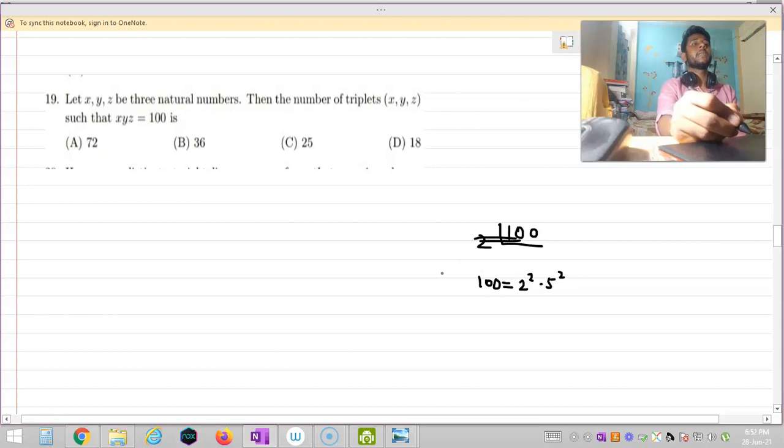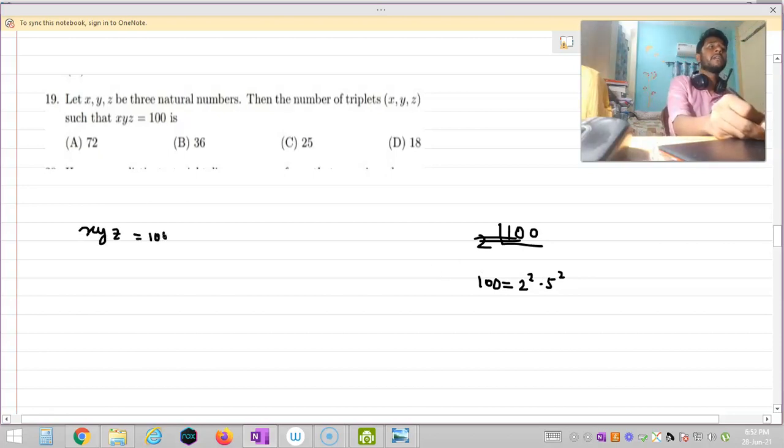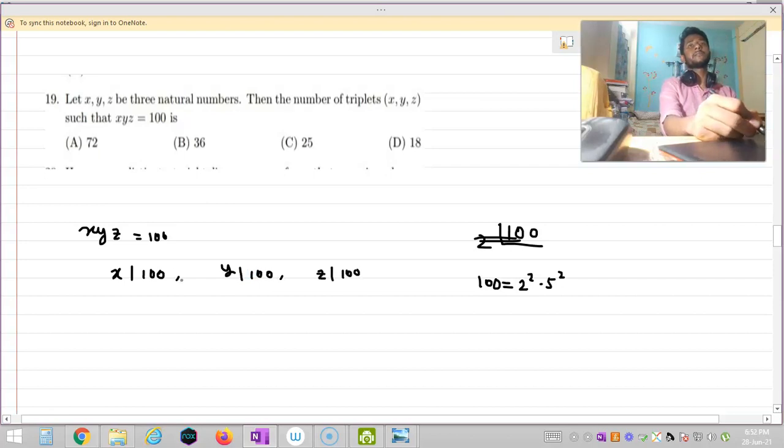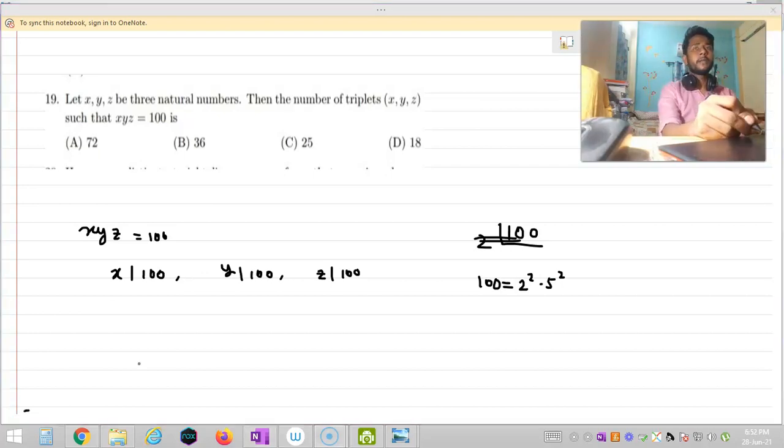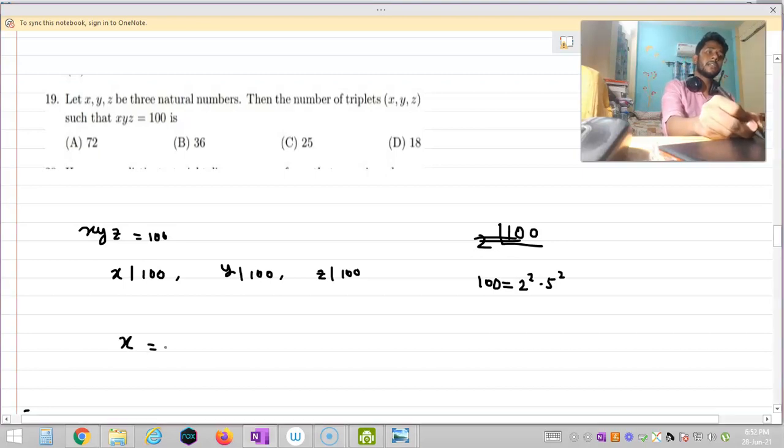Now as xyz is equal to 100, I can say that x divides 100, y divides 100, and z divides 100. As x divides 100, its prime factorization will look like x equals 2 to the power x1 and 5 to the power y1.